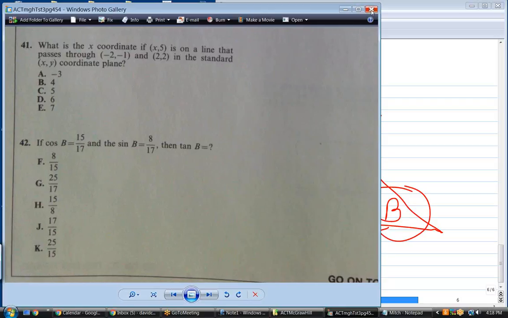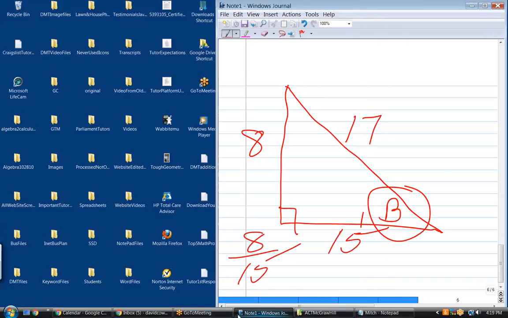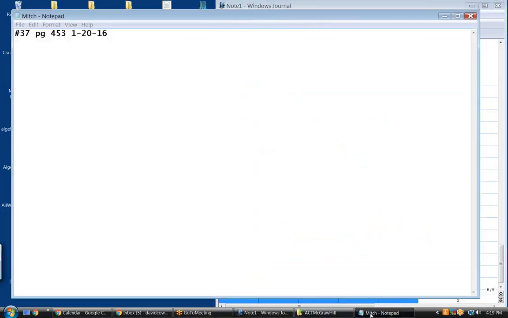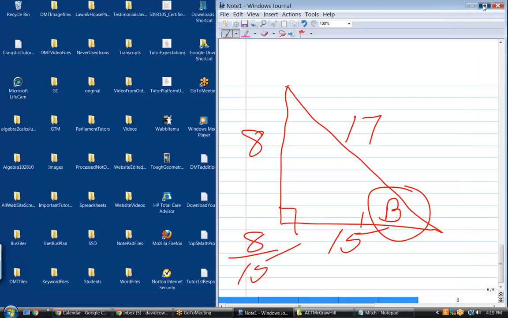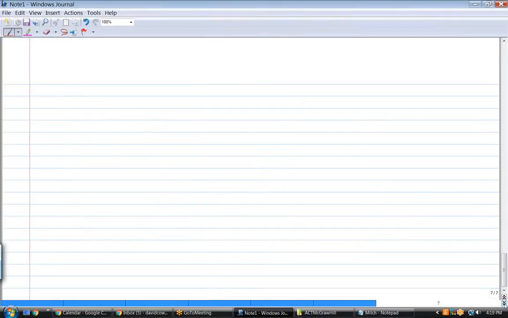Should I study some of the Pythagorean theorems before the test? It depends. I've never seen you lacking, but let me just give you some. Just to make sure, because I know 3, 4, 5, 5, 12, 13, 8, 15, 17.